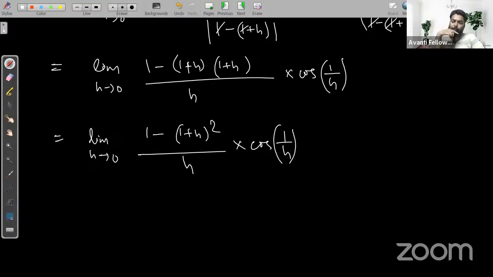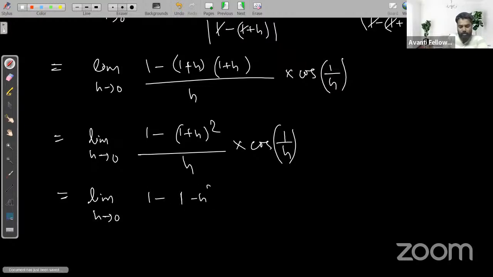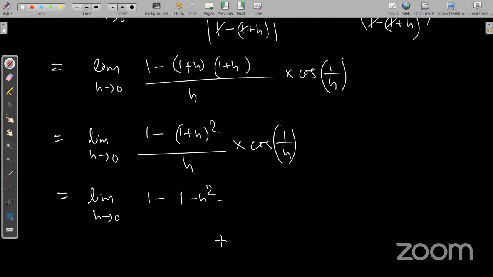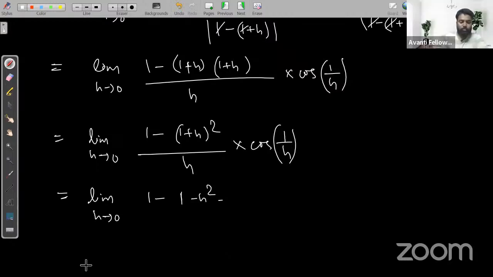Now if we open the perfect square also, this will be 1 minus 1 square minus h square minus 2h, divided by h, into cos of 1 by h.